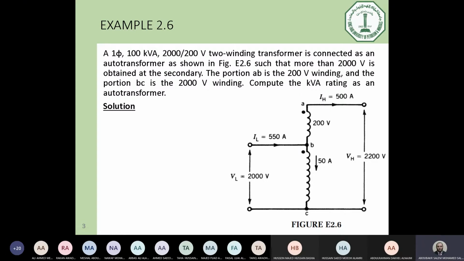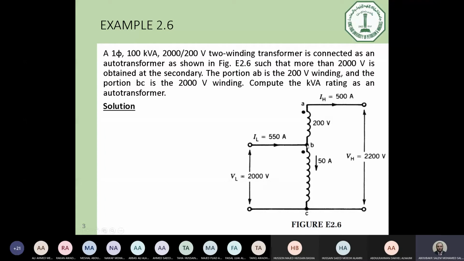So if we connect the 200 volt winding on the top of the 2000 volt winding, this is going to make the voltage here 2200 volt. However, you have to consider that the dot coils are connected in this way, otherwise the voltage will be the difference.